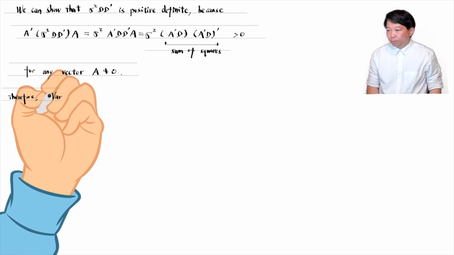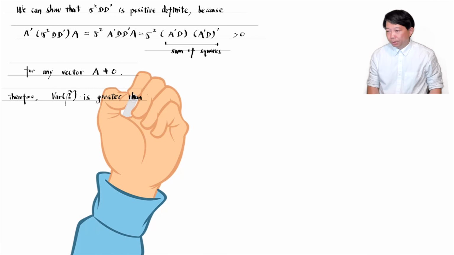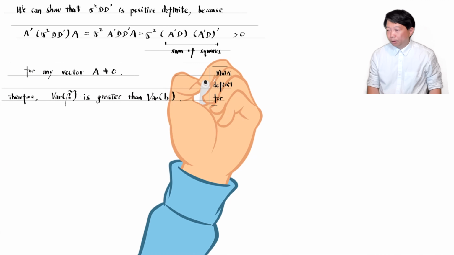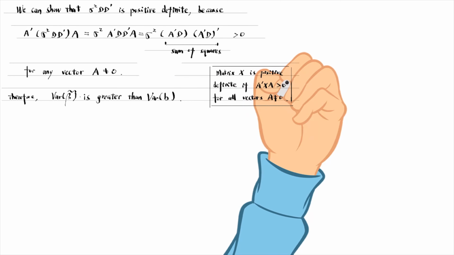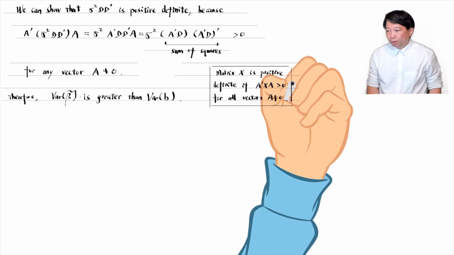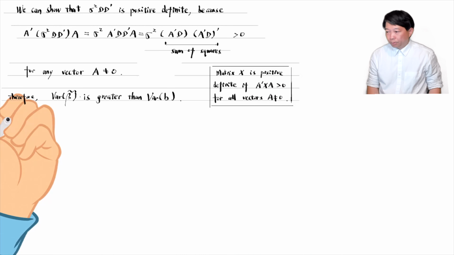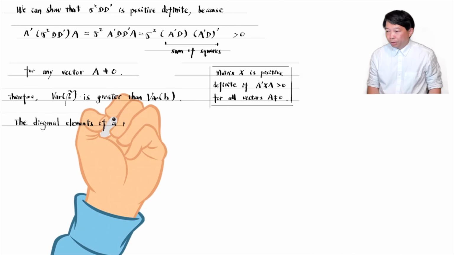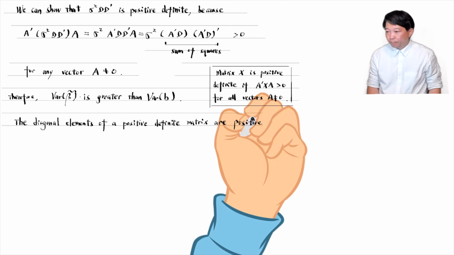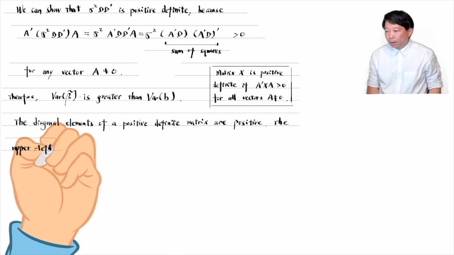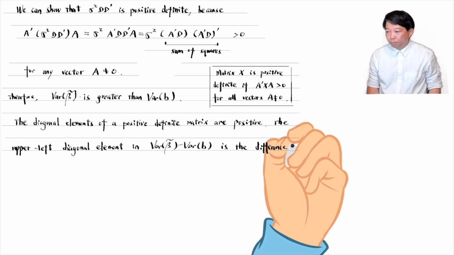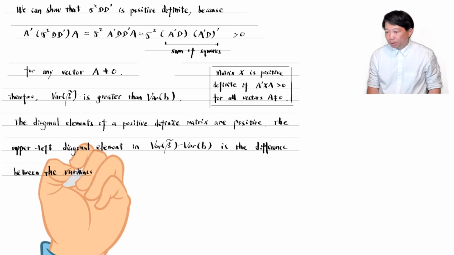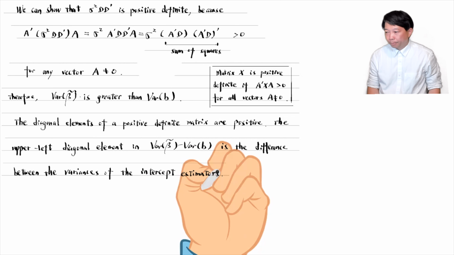Therefore, the variance of beta tilde is greater than the variance of b. We know that the diagonal elements of a positive definite matrix are positive. The upper left diagonal element is the difference in the variances between the intercept estimators.